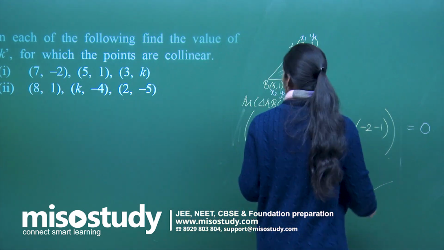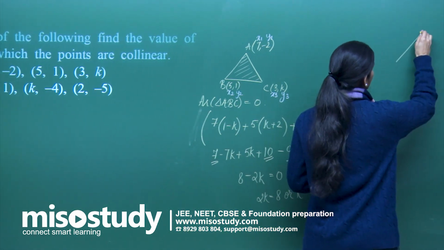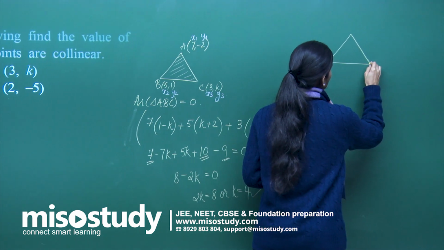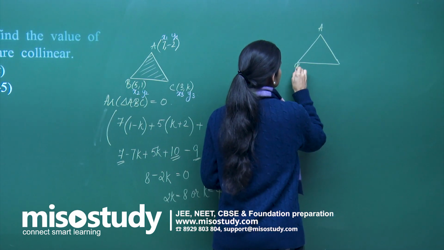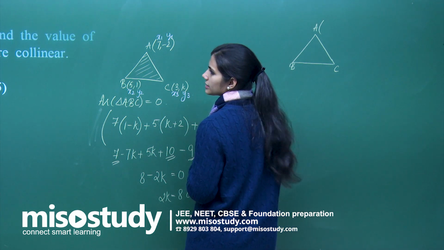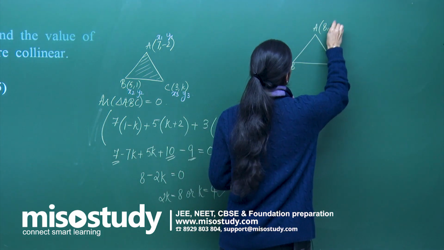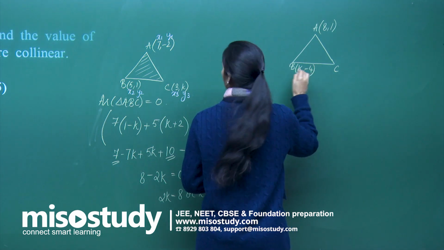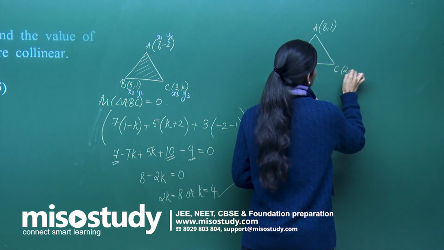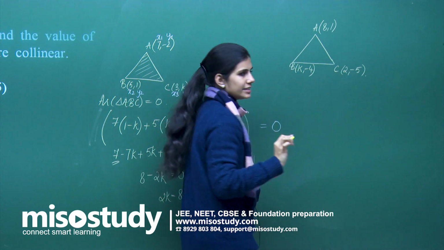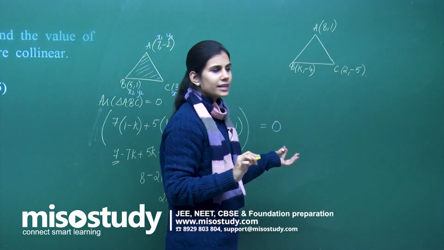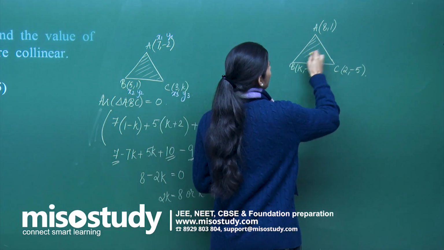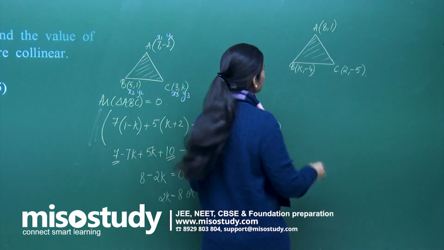And if I talk about the next pair of points, say again I name it as ABC, this is 8, 1, k, minus 4, and you have 2, minus 5. These 3 are collinear, so again area of this triangle ABC is 0 because they are lying on one single line.